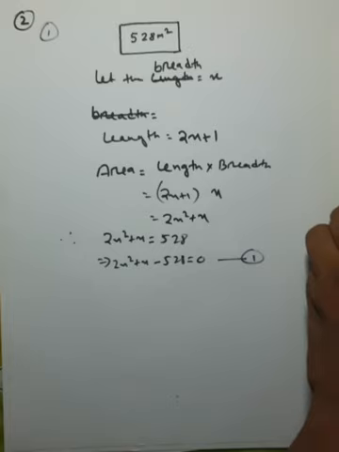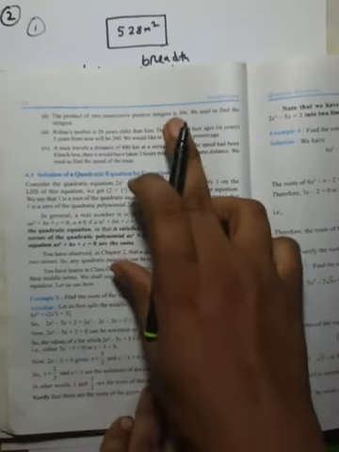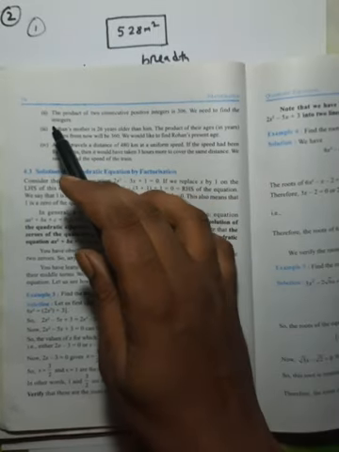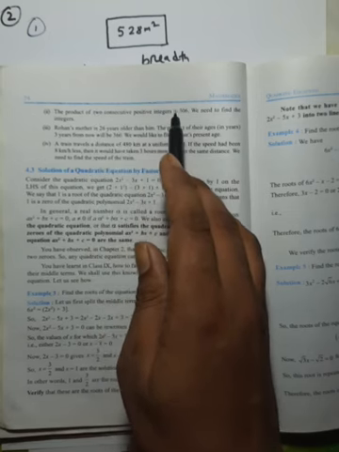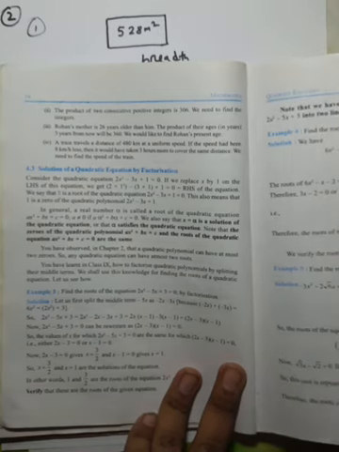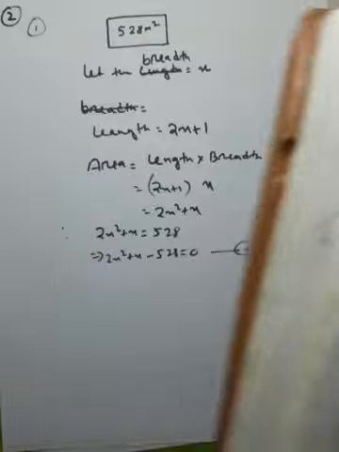Okay, see, there are another 3 bits. Okay, let us solve the second number. It is given the product of two consecutive positive integers is 306. We need to find the integers.